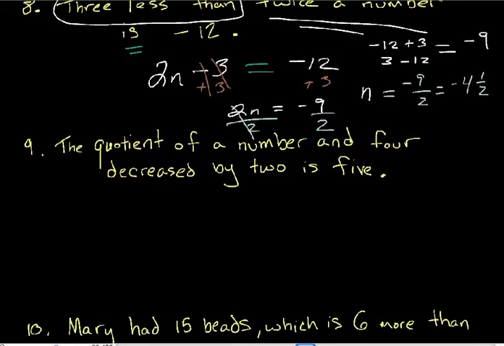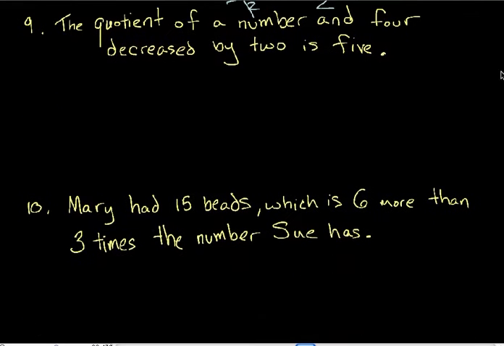Okay, the next one here is: the quotient of a number n and 4, decreased by 2, is 5. So let me read that again. The quotient of a number n and 4 decreased by 2 is 5. So I'm going to keep using n here. The quotient of a number, right? My number n and 4, which I could write two ways.